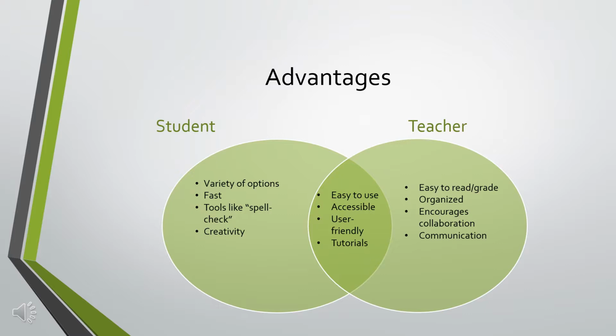So I've brainstormed some advantages and some disadvantages for both the student and the teacher on the technology used, and here's a Venn diagram explaining that. The student benefits because there's a variety of options, going anywhere from a Glogster to a Microsoft Word document, so they can really show their creative side. It's also fast.